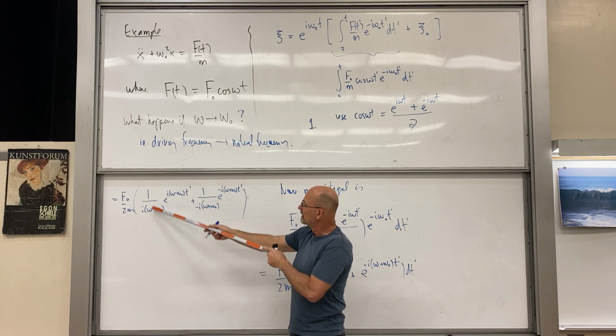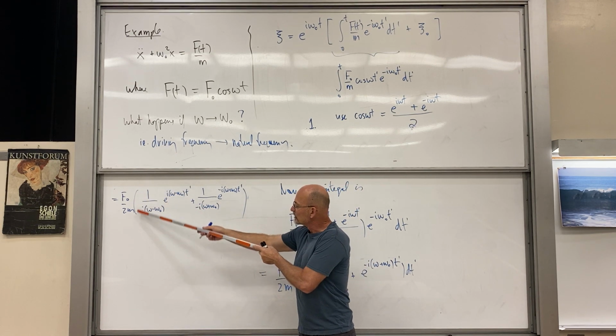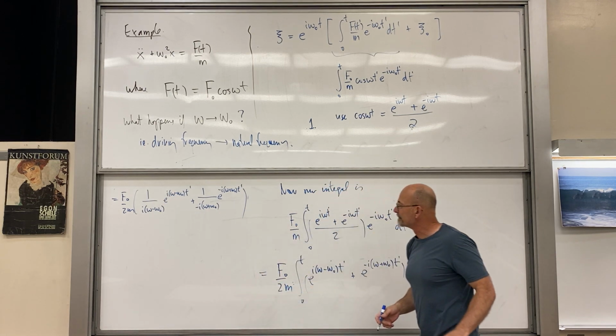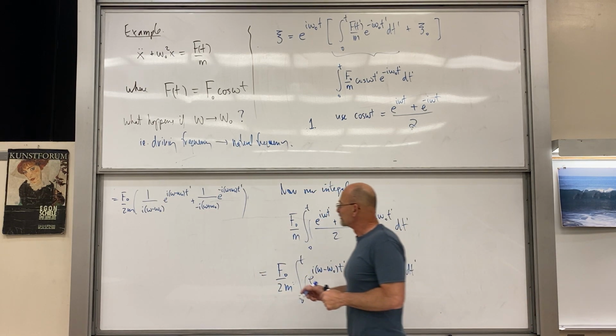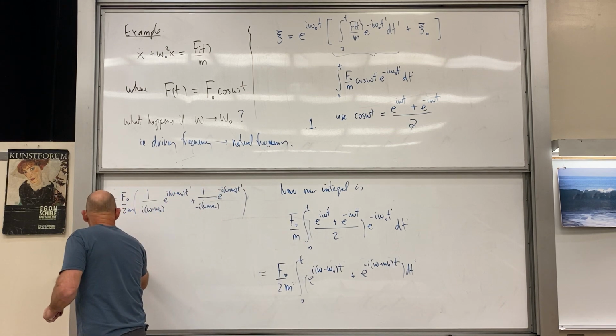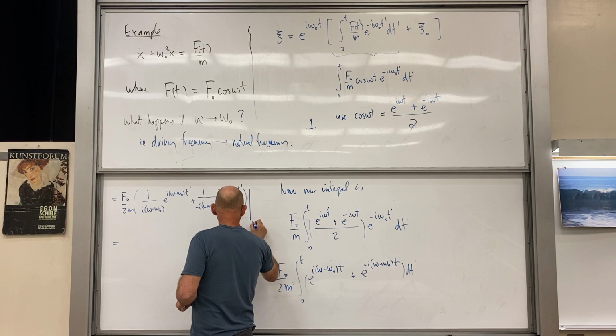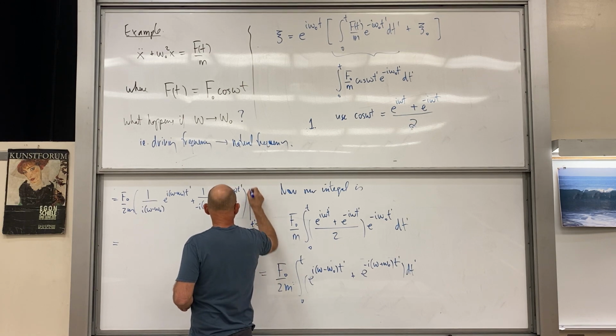So that's where whatever is interesting is going to happen. But for the moment, we'll just keep evaluating this, because this was from t prime equals 0, t prime equals t.